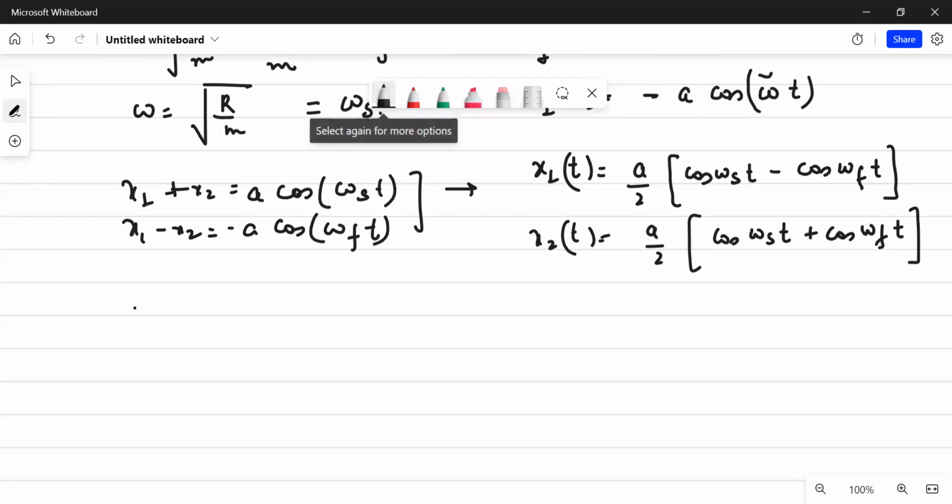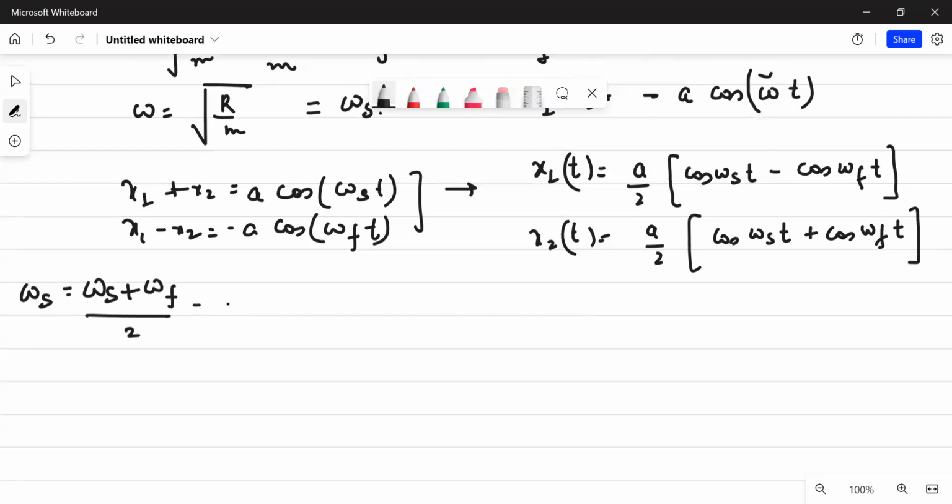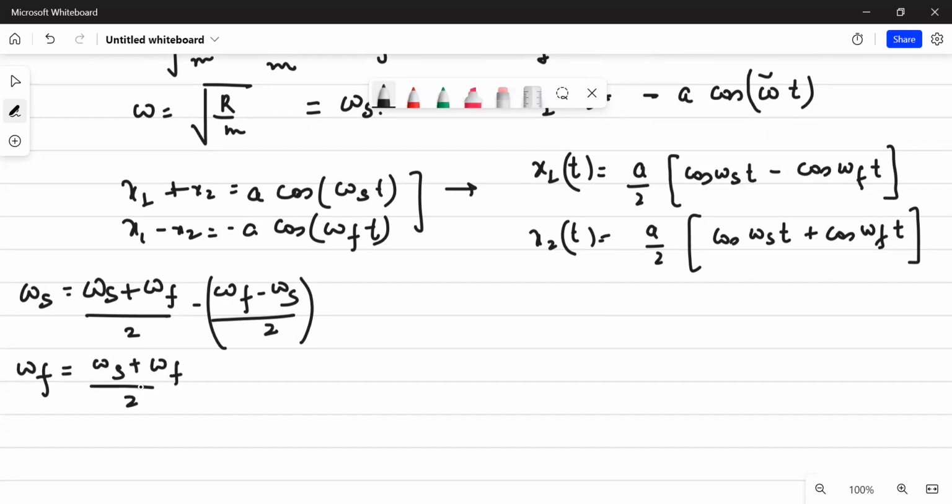And I told you yesterday that for certain reasons that you'll come to know again later on, omega s can be written as omega s plus omega f upon 2 minus omega f minus omega s upon 2.